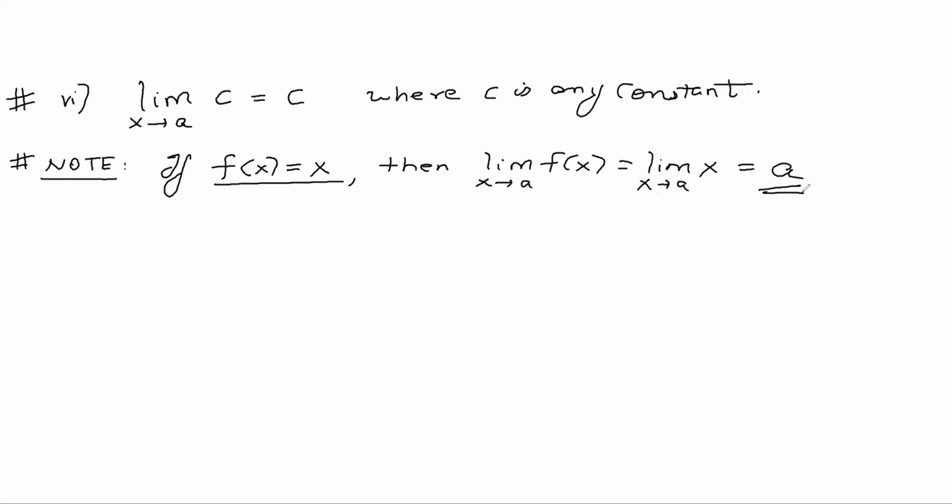So you can see this is a mirror function, y equal to x. All of us know how the y equal to x line looks. The y equal to x line, or f of x equal to x line, passes through the origin. If you want to see the graph of this function, it is like this. It is a 45-degree line. Okay, this is the line y equal to x. So if f of x is equal to x, then limit as x tends to a, f of x is exactly equal to a.